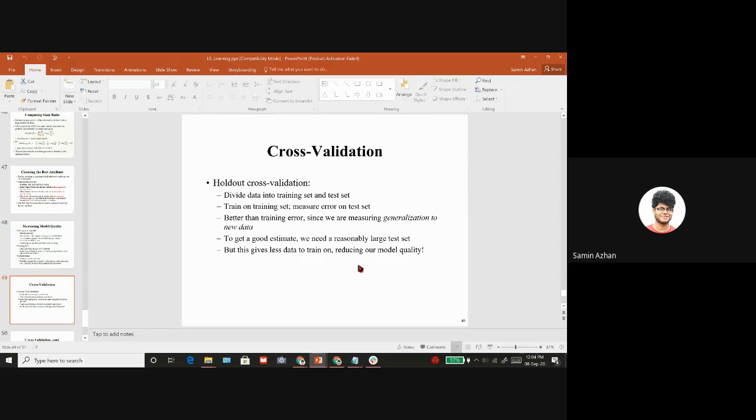So that's a good approach. The convention is to split it 70-30 or 80-20. So if you have 1,000 rows of data, you can use 700 of them to train or 800 of them to train, and the remaining should be used for testing.